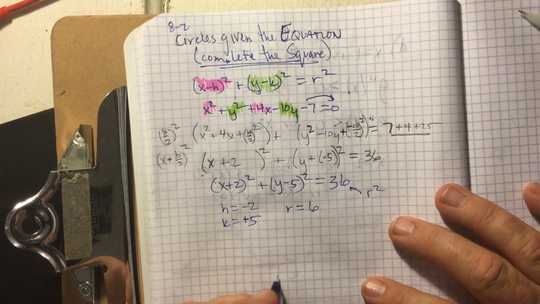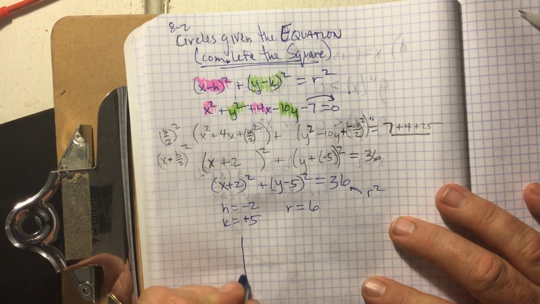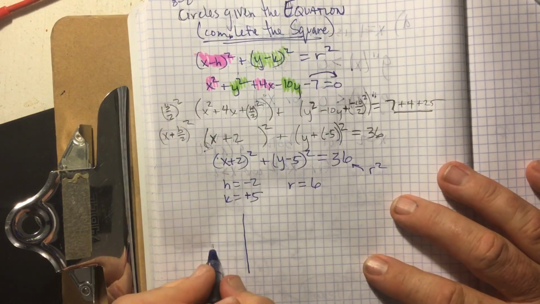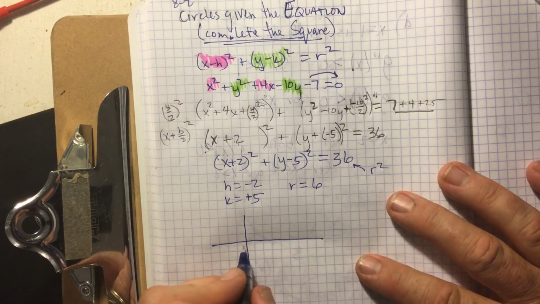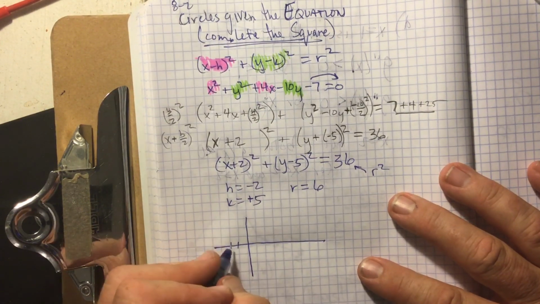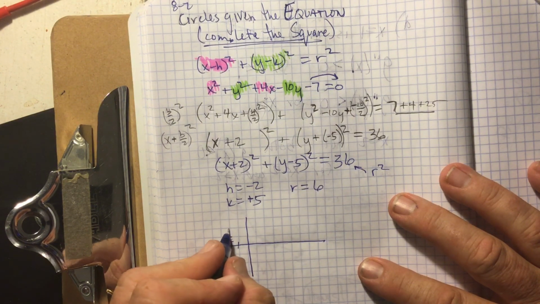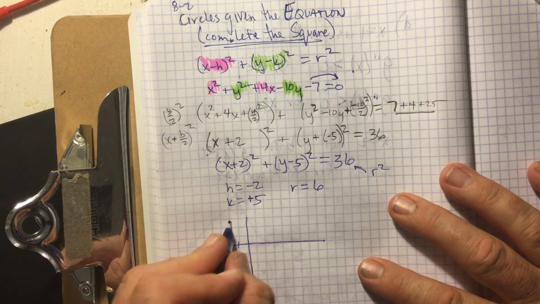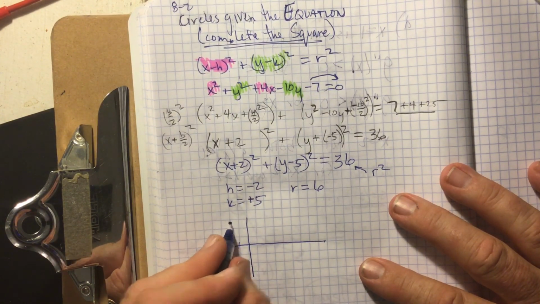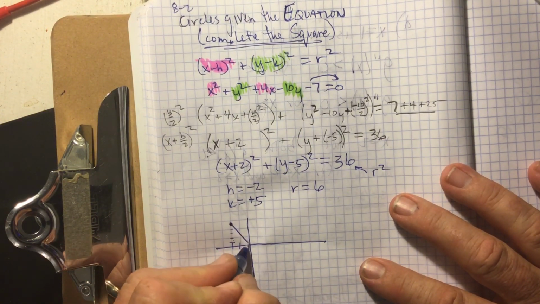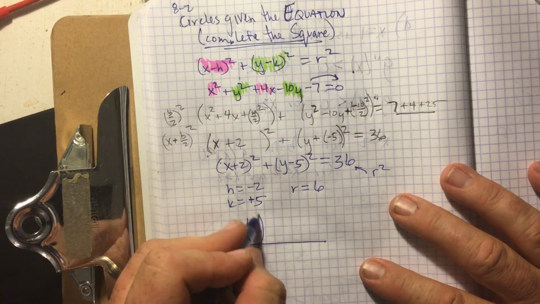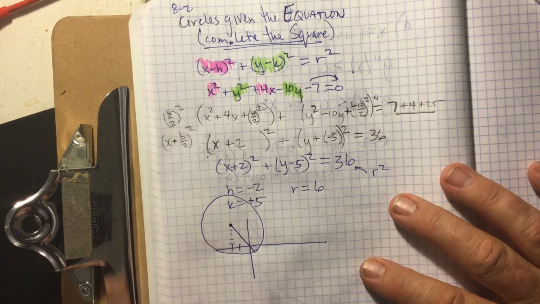What does that tell me? That tells me if I graph this thing, I go to negative 2, I go up to 5, 1, 2, 3, 4, 5. We'll scale it a little differently. And then I'm going to go out 6 and then draw my circle around like that.